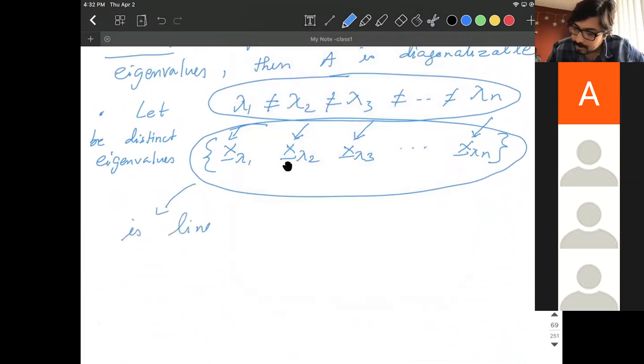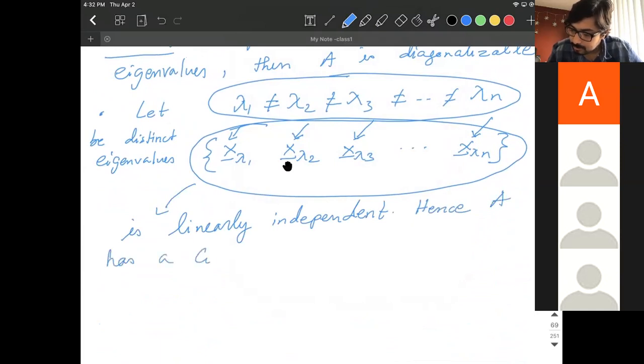Right? So hence, A has a complete set of eigenvectors, hence is diagonalizable.